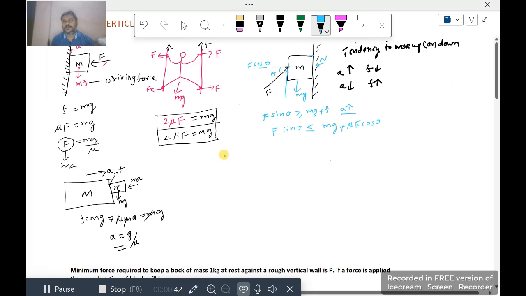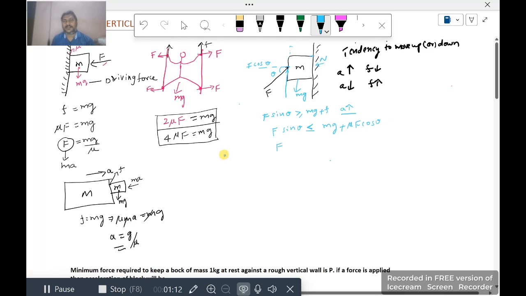So this force F sin theta gives the acceleration in the upward direction, and the maximum force I need to apply is this much.